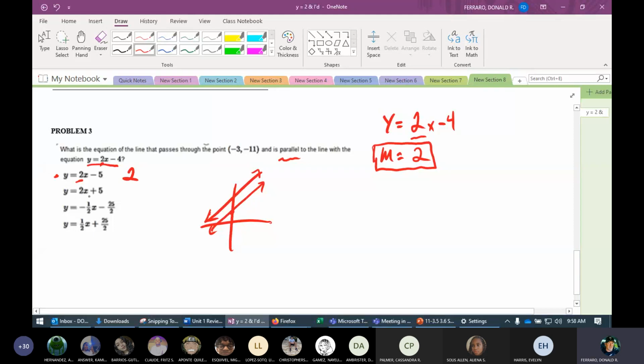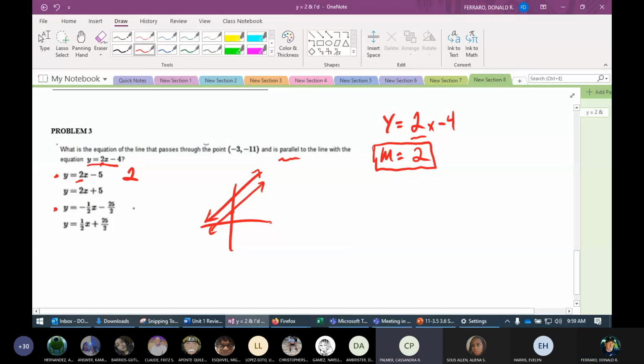Now, Cassie, are you there? Cassie, you're muted. Unmute yourself. Did I lose you? Oh, my Wi-Fi is acting up. My bad. All right. So Cassie, what is the slope of this third equation?